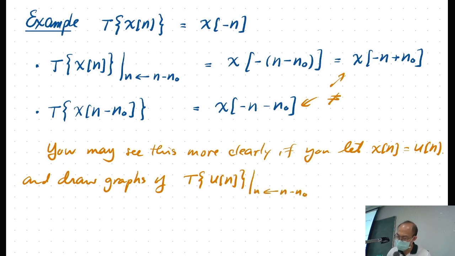This is the shifted version of T of u[n], and then T of u[n minus n0]. Then compare them.